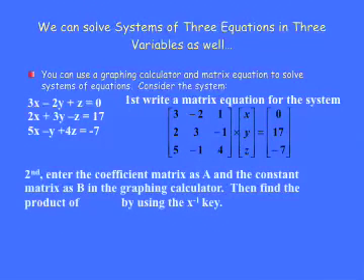Notice here that we have the coefficient matrix times the variable matrix equal to the solution or constant matrix. We'll enter into our graphing calculators into matrix A, the coefficient matrix, and into matrix B, the solution or constant matrix.